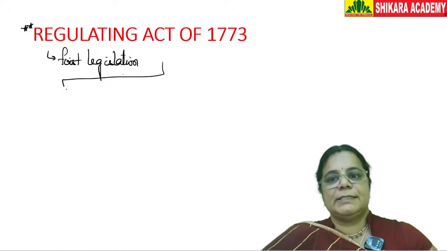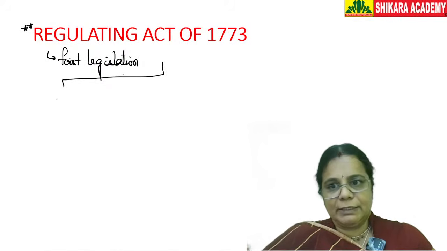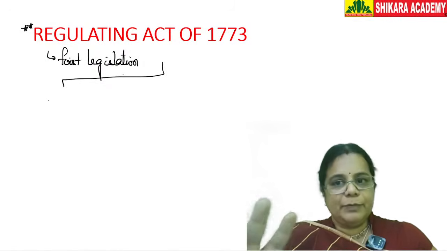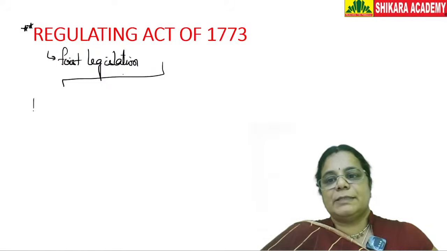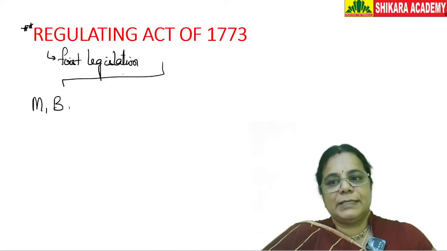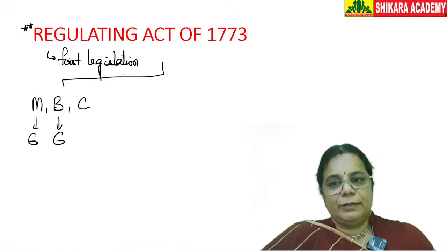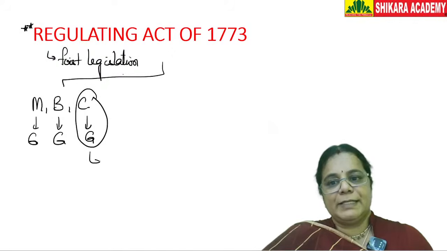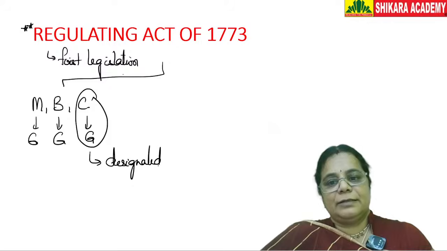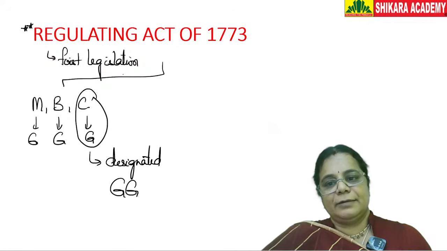The first reason is, when the Regulating Act 1773 was enacted, we had three presidencies in India: the Madras Presidency, Bombay Presidency, and Calcutta Presidency. And each presidency had its own governor. Now, what they did is, they said Calcutta's governor, the governor of Bengal, will be designated as Governor General, and the governors of Madras and Bombay will continue to be governors.